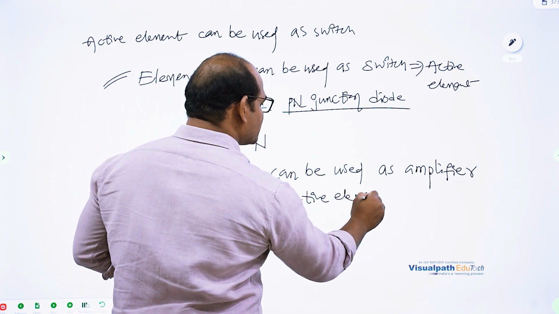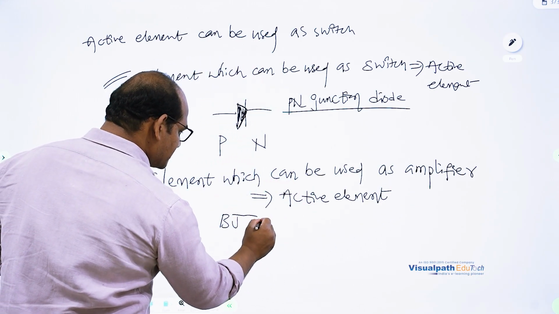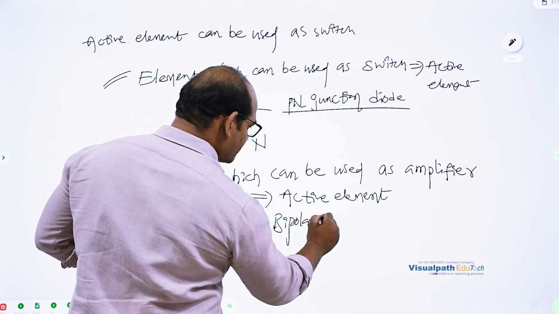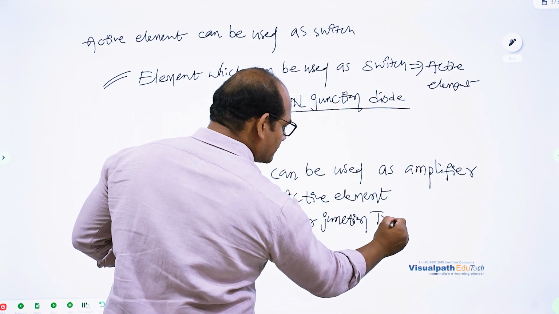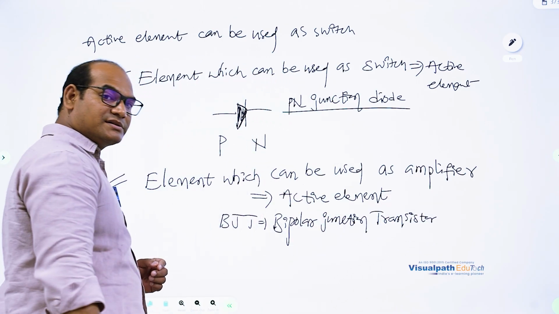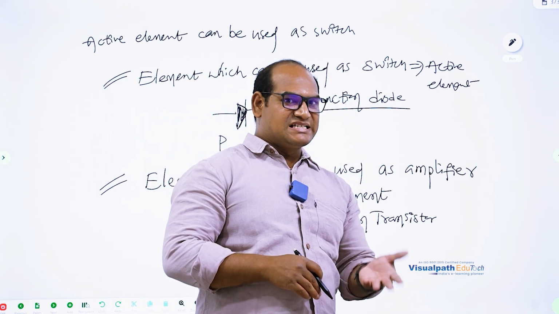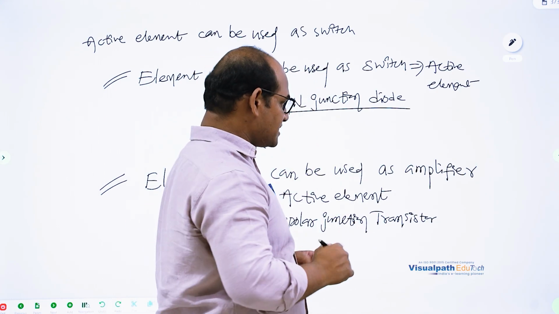So in our syllabus you can observe the BJT, bipolar junction transistor. Bipolar junction transistor can be used as the amplifier. Okay, what does amplifier mean? The input to the amplifier can be the weak signal and the output of the amplifier should be the strong signal without changing the shape of the signal.